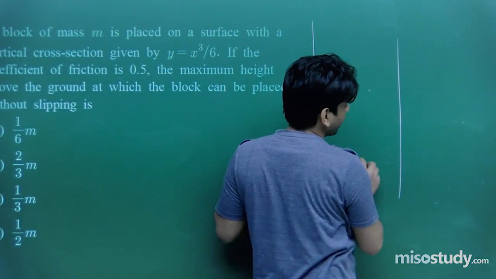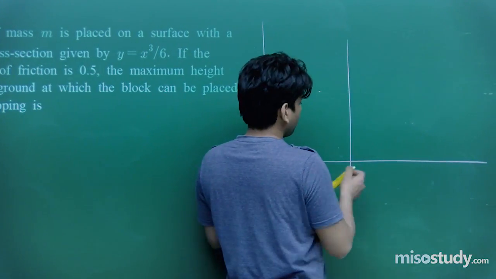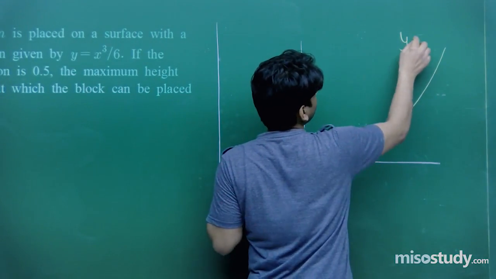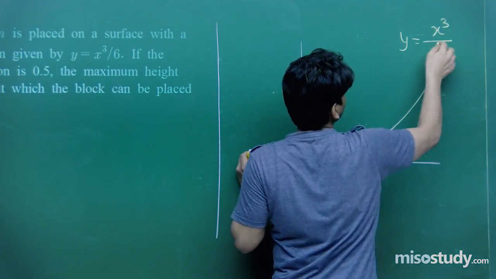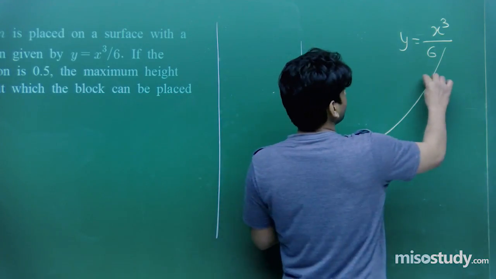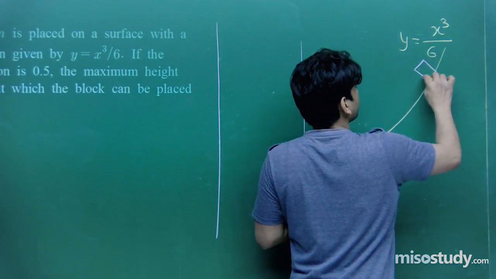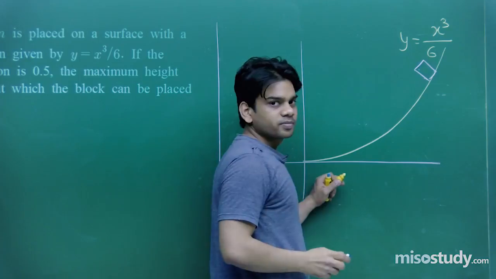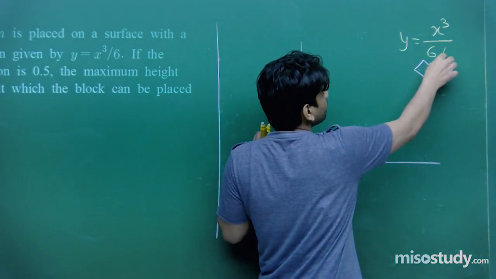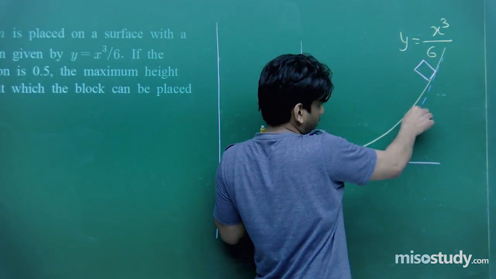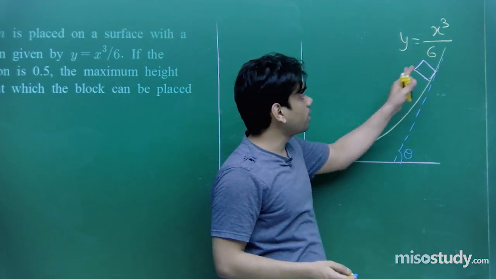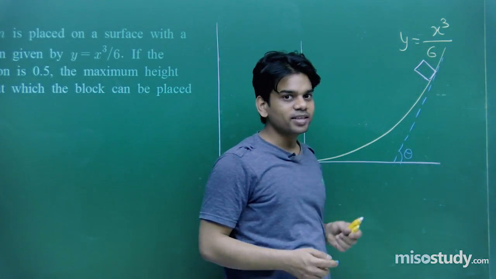First of all, it's given that y equals x cubed by 6. Let's say this line follows the equation y equals x cubed by 6. The block is kept here. Let's say when it is placed here, it will not slip. And now if I find out the value of tan theta, if I say this is theta, I have actually drawn a tangent here.